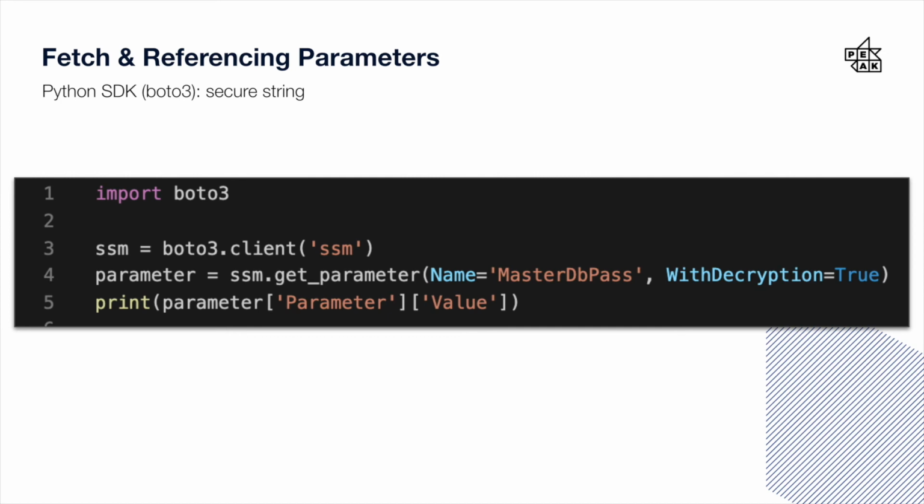If you want to write in Python, use the SDK, boto3. You can do that, and you can use that to fetch a secure string. That string would be encrypted with KMS, so note the with decryption equals true parameter that you pass in to the get parameter function.